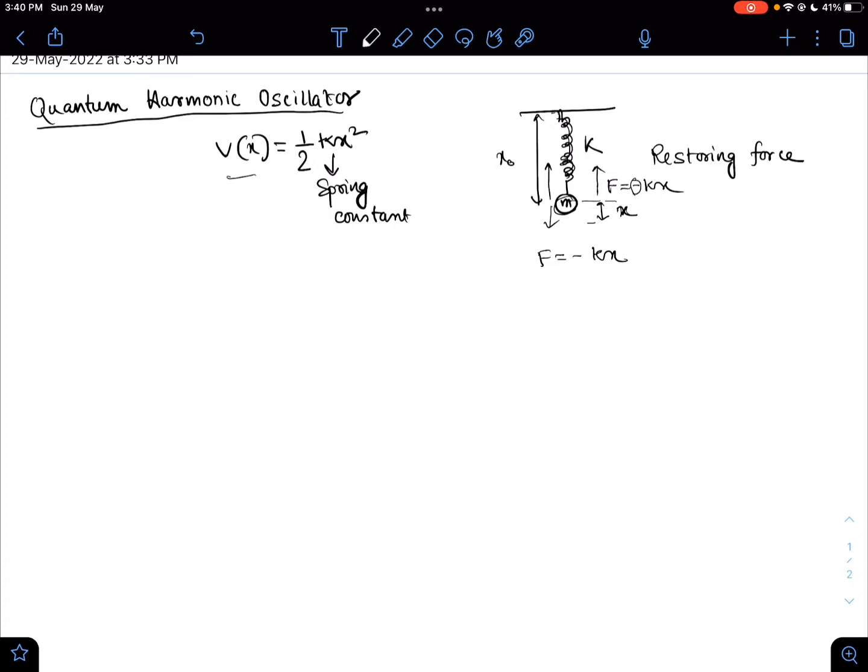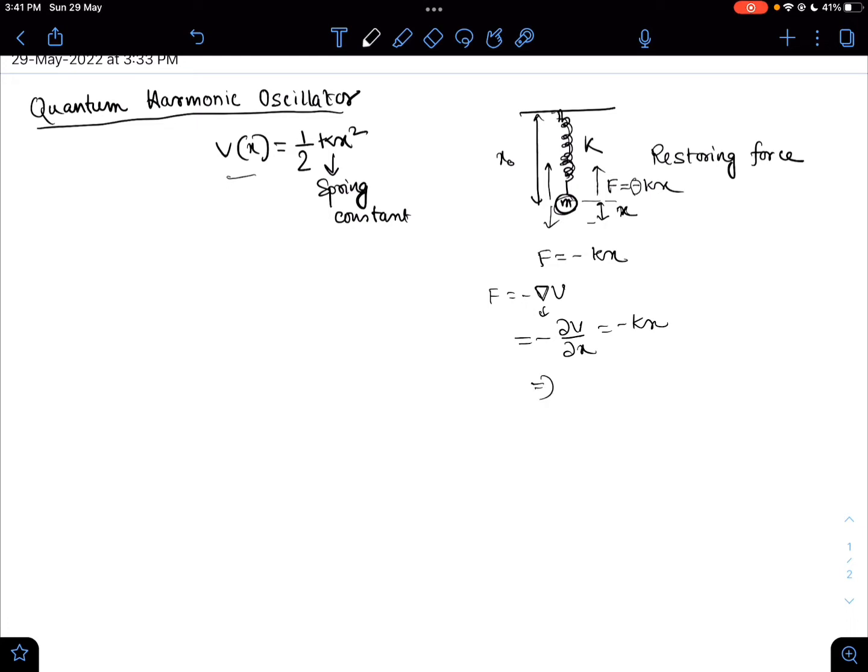We know that force can be expressed as the negative gradient of the potential. That is a standard result we all know. So in one dimension, we can write this force as minus del V del x, which is our minus kx.